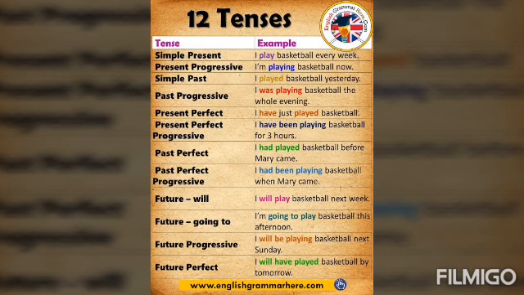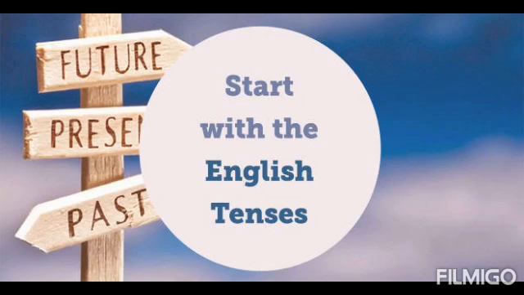For example, before I reached the station, the train had left. Here two actions are happening. What is happening first? The train had left. So we have to use past perfect for the first happened action.